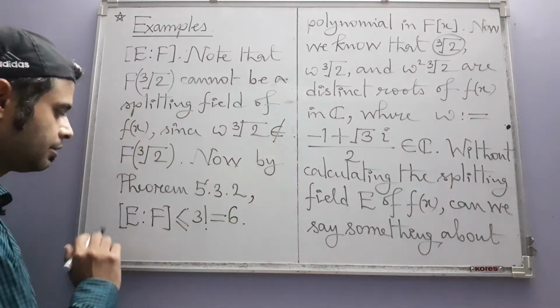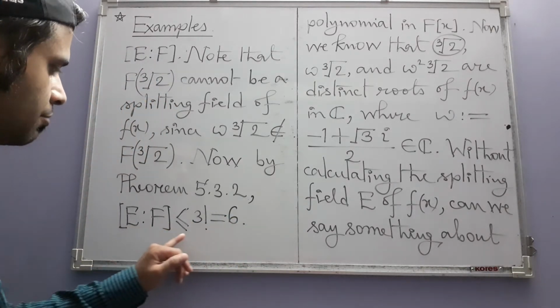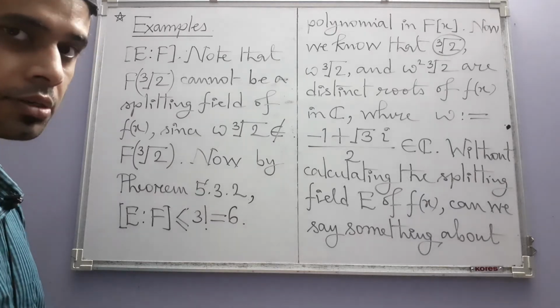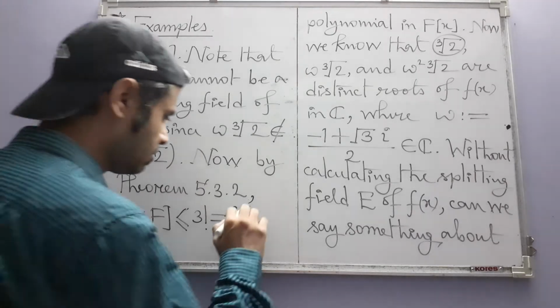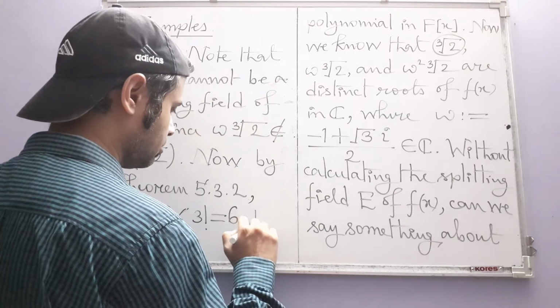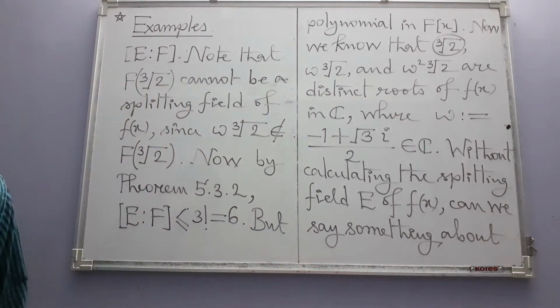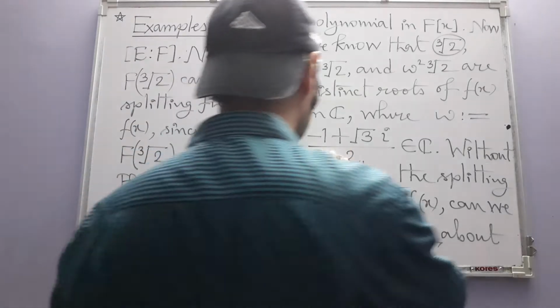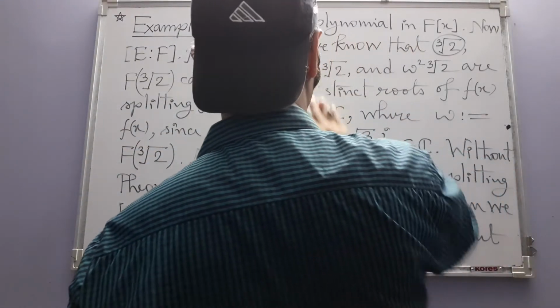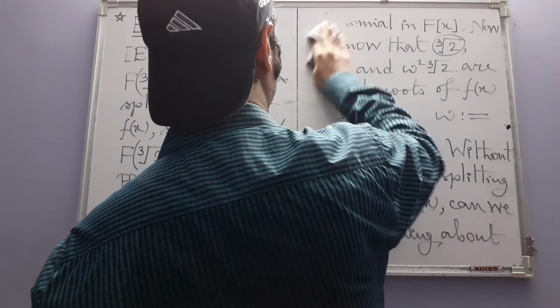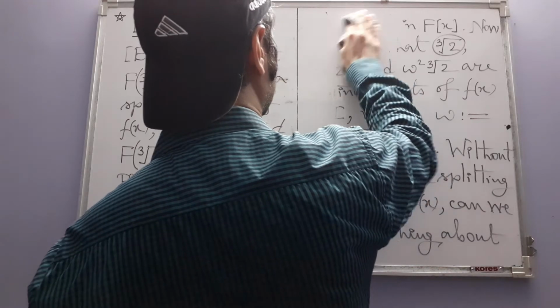So whatever E turns out to be, its degree over F will be less than or equal to 6. But other pieces of information are also there that we have to use.